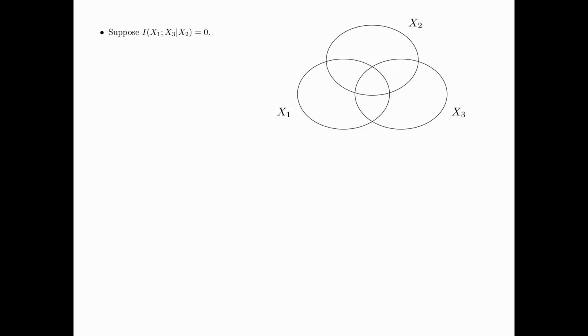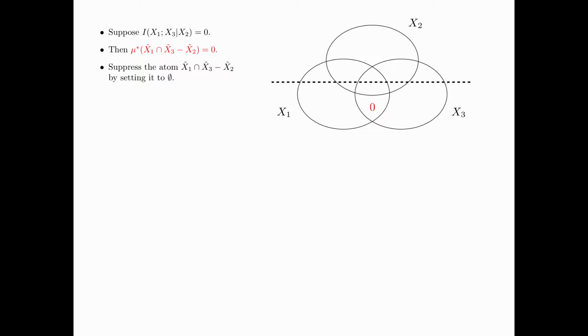Suppose I(X1; X3 | X2) is equal to 0. Then mu star of X1 tilde intersect X3 tilde minus X2 tilde is equal to 0. This is indicated in the information diagram. Now suppress the atom of X1 tilde intersect X3 tilde minus X2 tilde by setting it to the empty set.